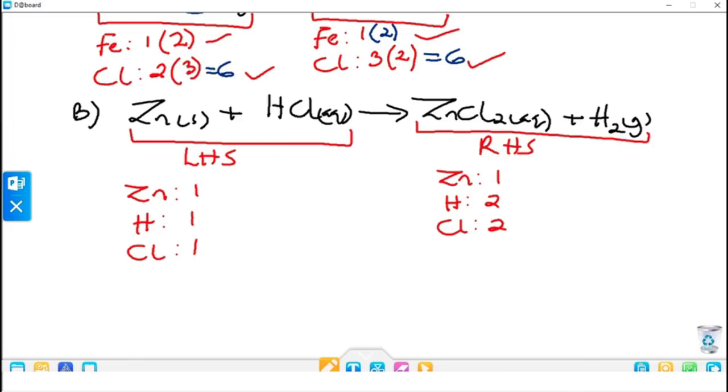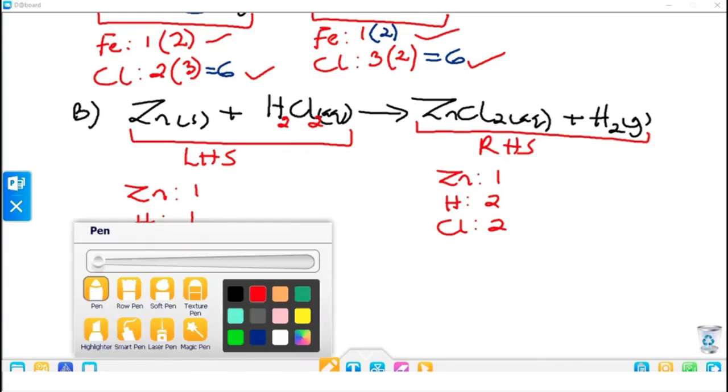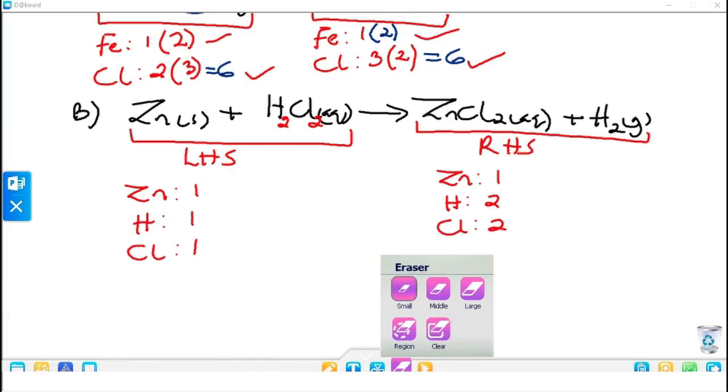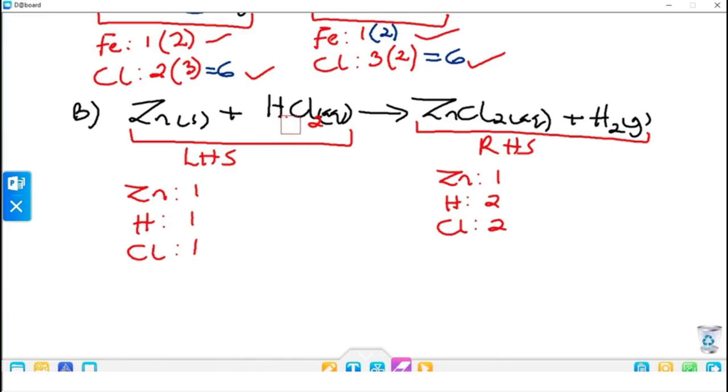I want to feel some students will likely say we place 2 this way and place 2 this way. Please, if you're thinking so, you have violated the 4th rule, which says that numbers shouldn't be used as subscripts to balance. We shouldn't balance any equation with subscripts. So it is very wrong to do that.